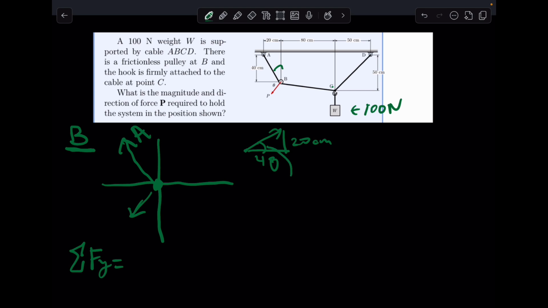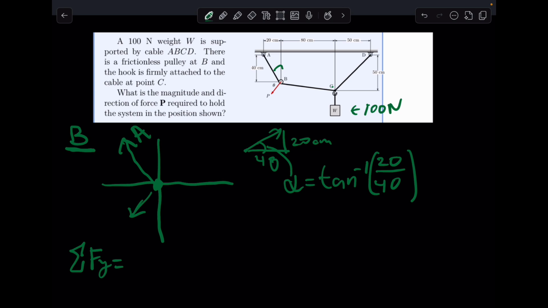This angle right here, we call angle alpha, and it is equal to tan inverse of 20 over 40.